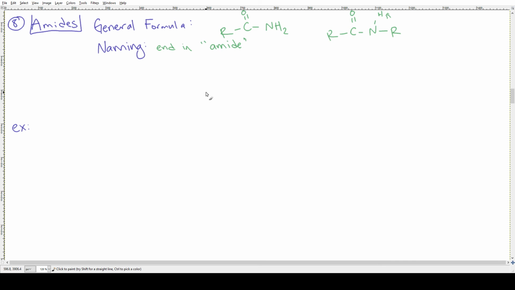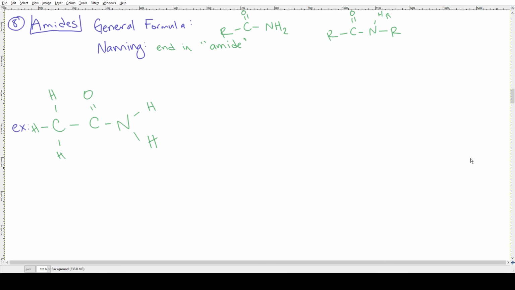So let's draw, what should we draw? Let's draw this one. Carbon has 4 bonds, so that one's done.